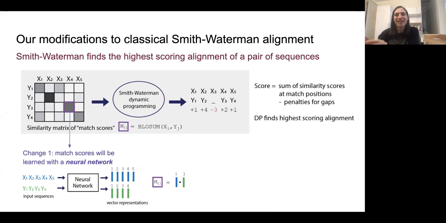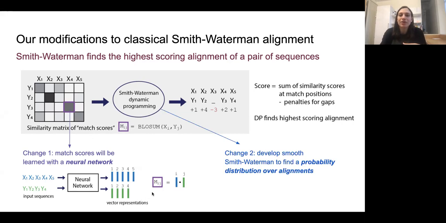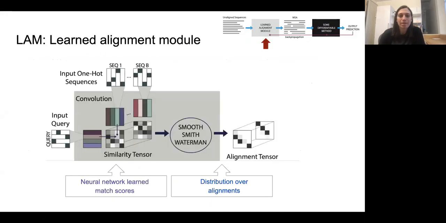And now the idea is that with high match scores in these similar positions, this is going to encourage Smith-Waterman to align these positions. Okay, and the second change is that we're going to develop a smooth version of the Smith-Waterman algorithm that instead of outputting just the maximum scoring alignment is going to output a probability distribution over alignments. These two ideas are going to come together in our learned alignment module.